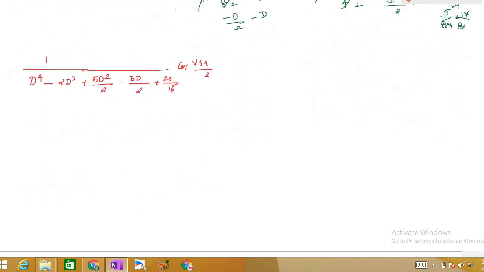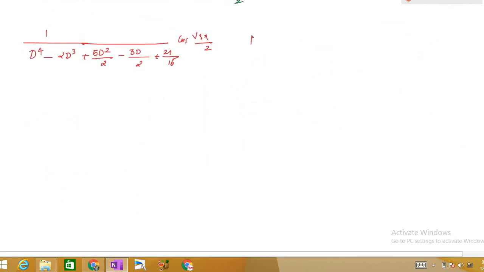In order to apply type 2, we replace D square equal to minus A square. Here A is root 3 by 2, so this will be (root 3 by 2) squared, which is minus 3 by 4.